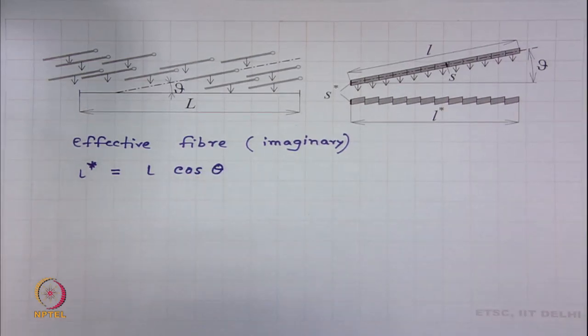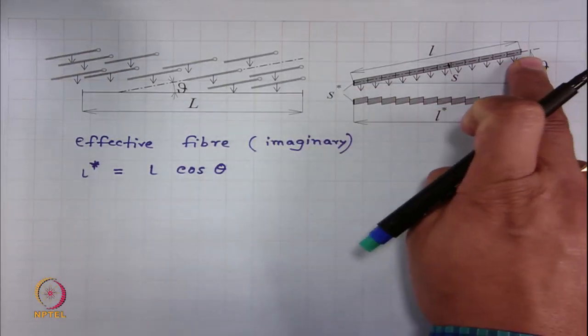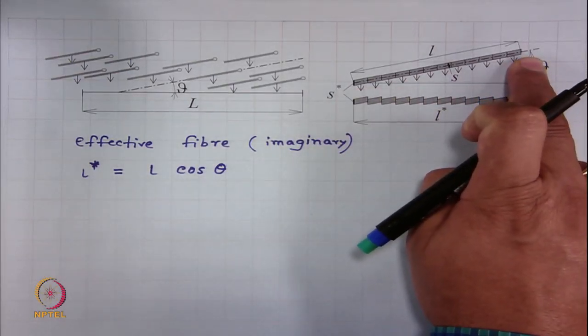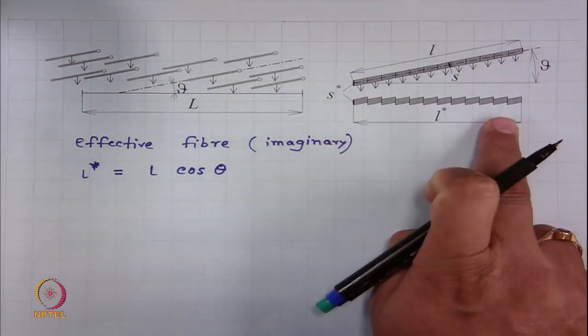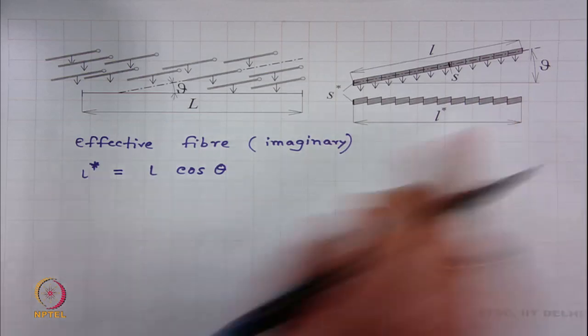Into cos theta, right. This oblique fiber has a cross sectional area S, this effective fiber has a sectional area S star.